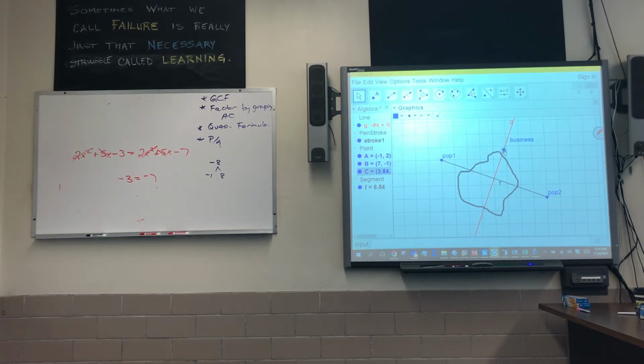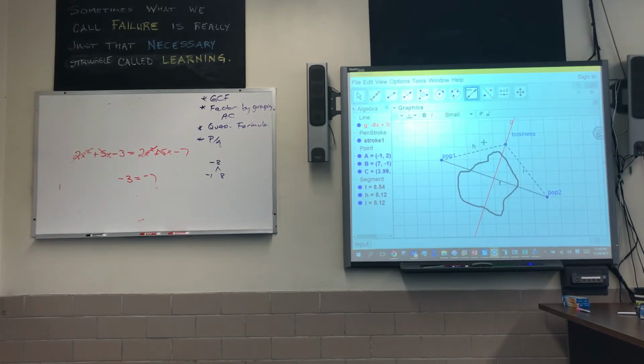If I put it here, let's find these distances. Let's attach C to the line. Those dotted lines are the distances that my people would have to travel, right?